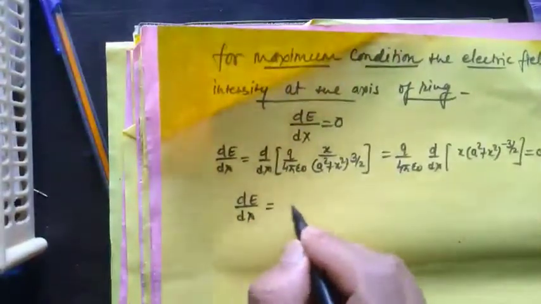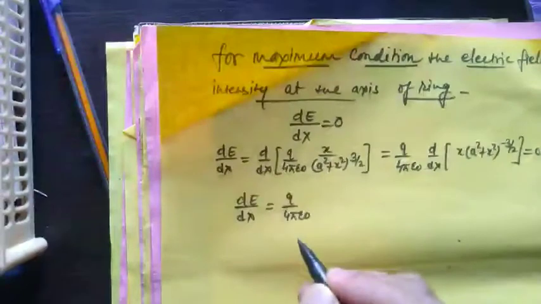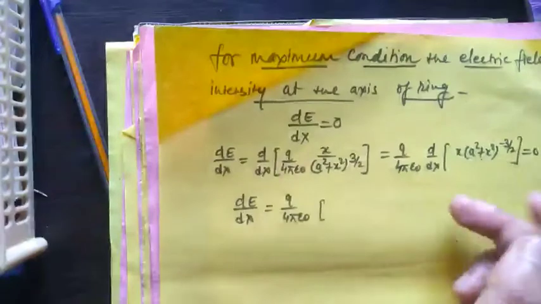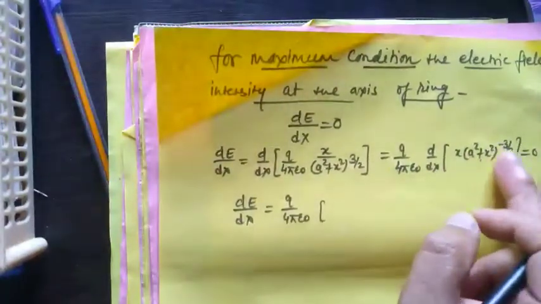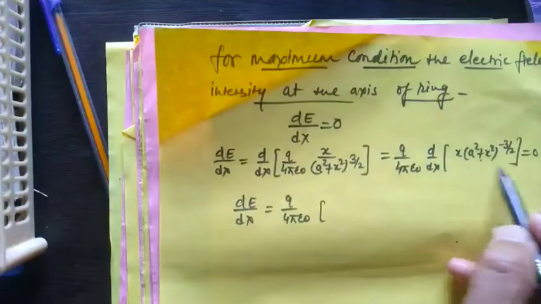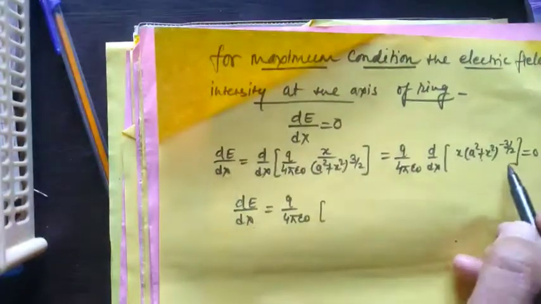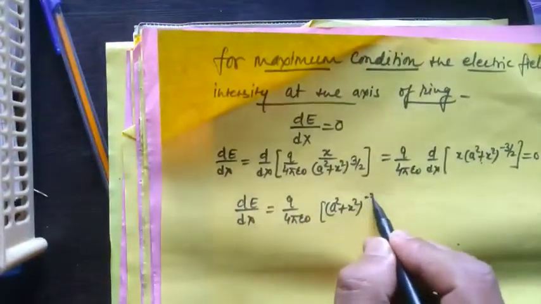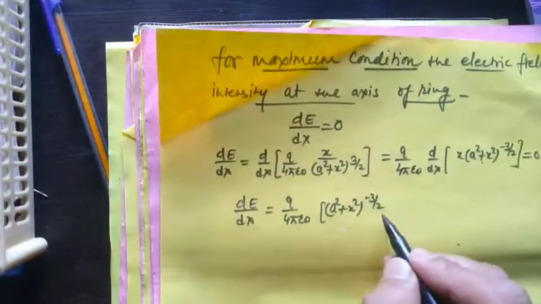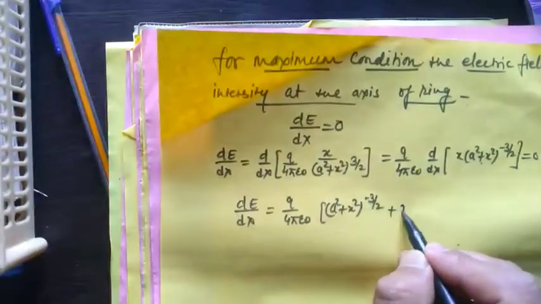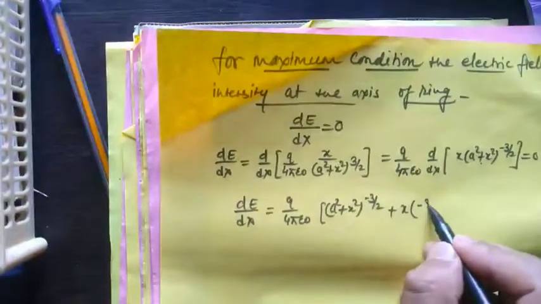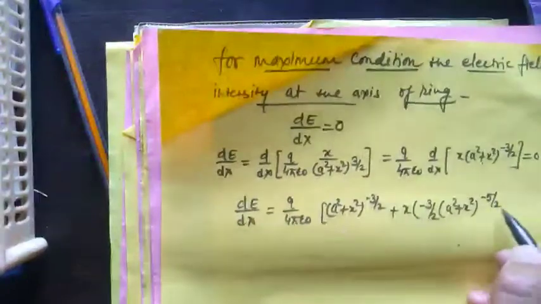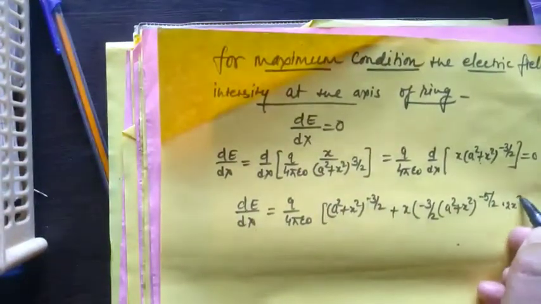d upon dx of q upon 4 pi epsilon naught, and this is the first function, this is the second function. Now we differentiate the whole product in the form of first function and second function: (a square plus x square) to the power minus 3 by 2, first function differentiation is 1, plus first function times differentiation of the second function, minus 3 by 2 into 2x, equals 0.